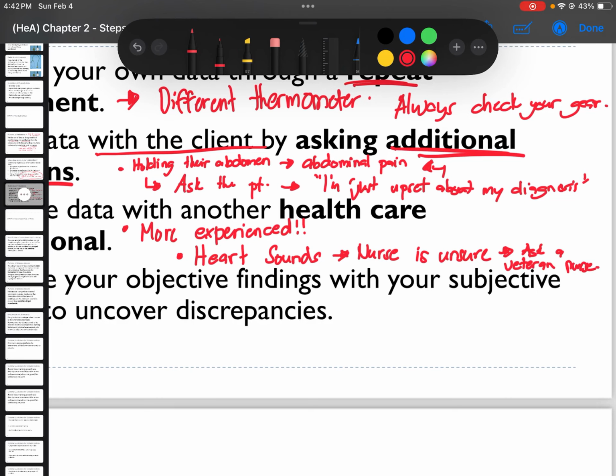Okay, let's say for example you are assessing a patient and you listen to their heart sounds, but you are not sure. So what you do is you ask another nurse, ma'am, can you check these heart sounds for me? I just want to be sure. And then they will check it for you and they will confirm it with you. Okay?